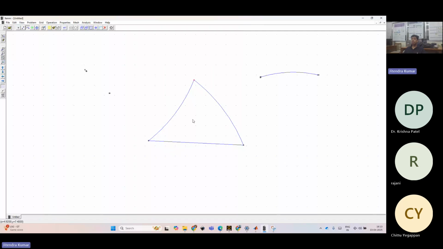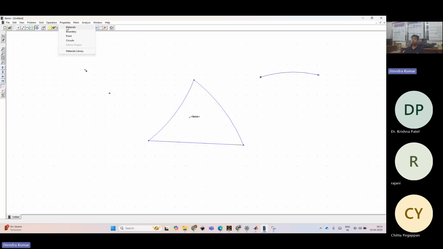Now I'll place a node here. Right. This is the material. The green one is for the material. Right. Now you could assign material with a property, add property, no, for materials.